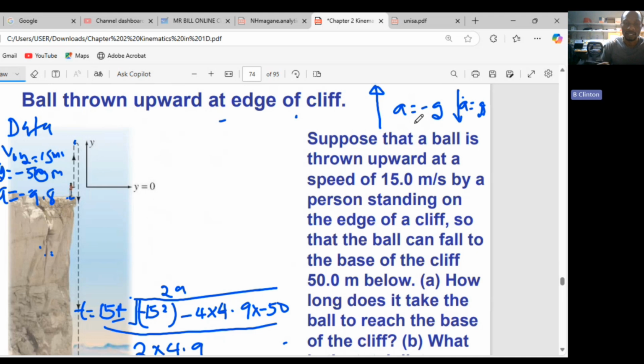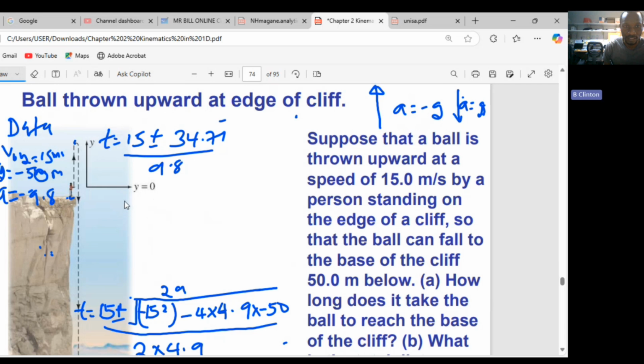So our t is equal to 15 plus or minus the square root of 1205, which is 34.71, everything divided by 9.8.